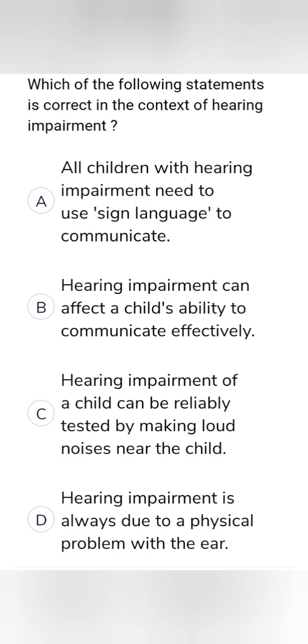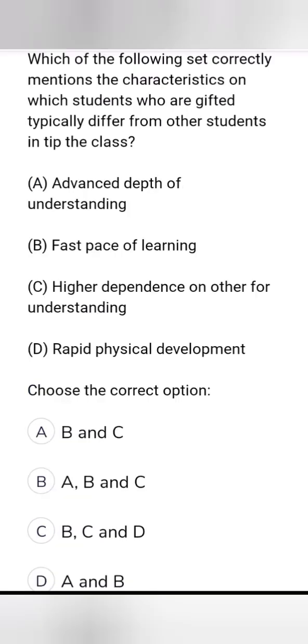Option number C, hearing impairment of a child can be reliably tested by making loud noises near the child. Option number D, hearing impairment is always due to physical problem with the ear. Option number B is right. Hearing impairment can affect a child's ability to communicate effectively.